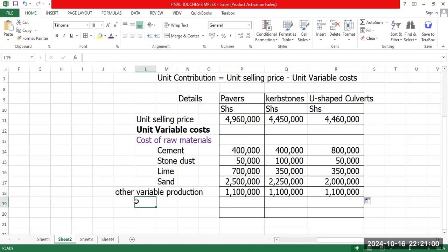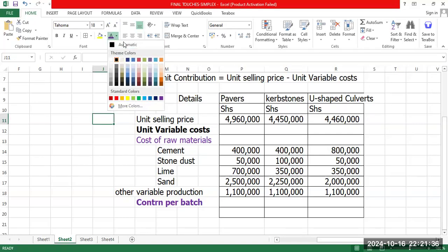I can get contribution, unit contribution, or I call it contribution per batch, because that's what I need. I need a contribution per batch.